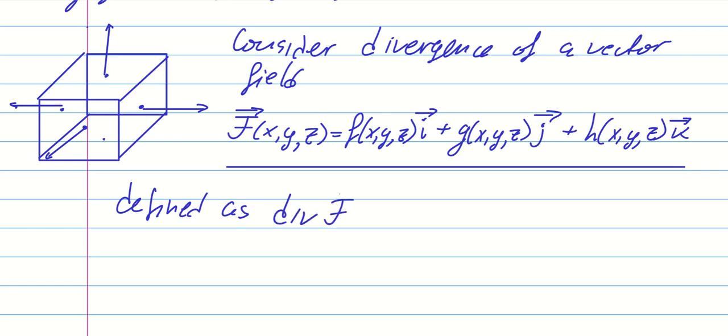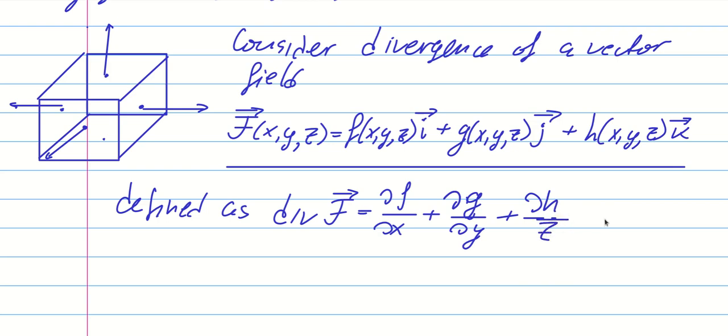divergence of F is equal to the partial of f with respect to x plus the partial of g with respect to y plus the partial of h with respect to z.